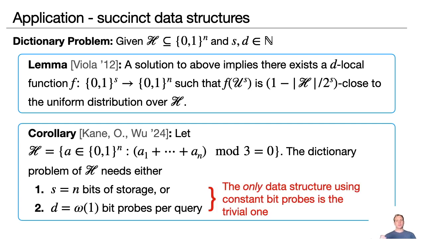And so again, this tells us that the only data structure using constant bit probes is the trivial one. And again, we emphasize that this works for more general moduli and other results. This is just one example.